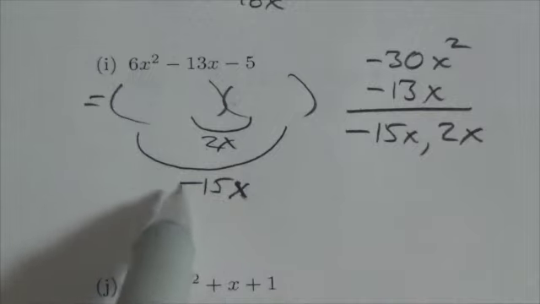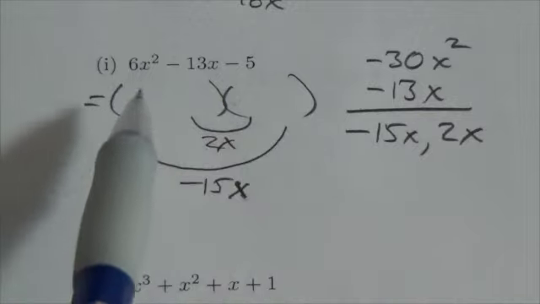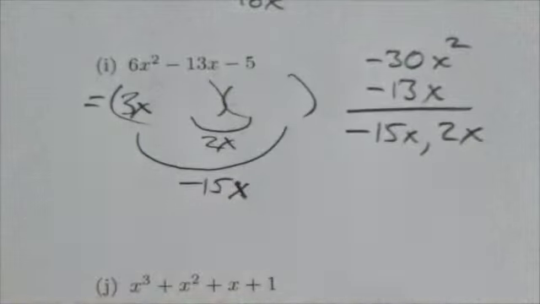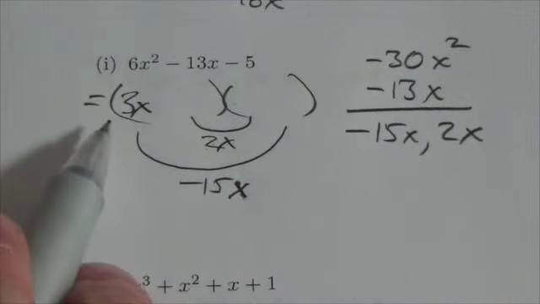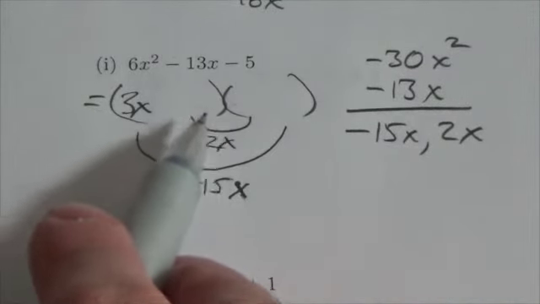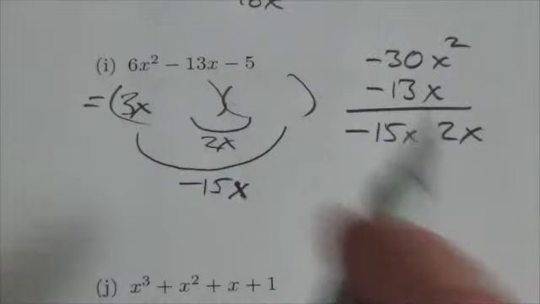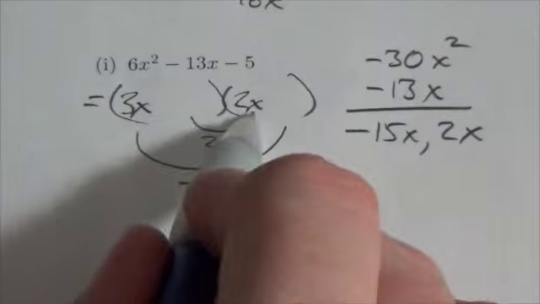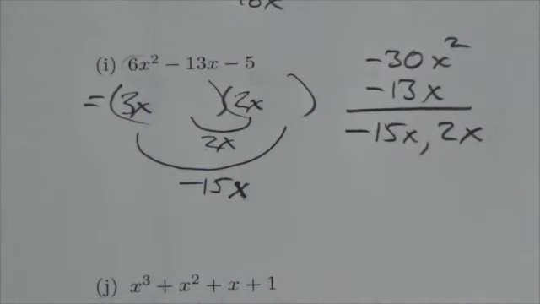And remember, don't worry about that negative. We'll put the negative over here. Don't put that first. So just compare the 6 and the 15, and the answer is, it's got to be 3. So if this is 3x, this term over here, when you multiply those together, that has got to be 2x. So that 3x times 2x, there's my 6x squared.